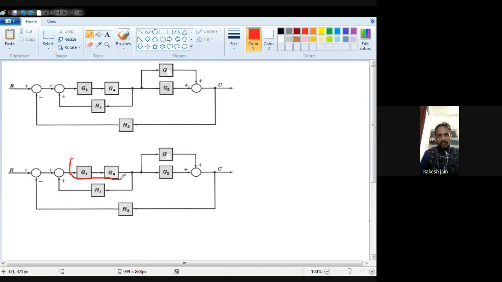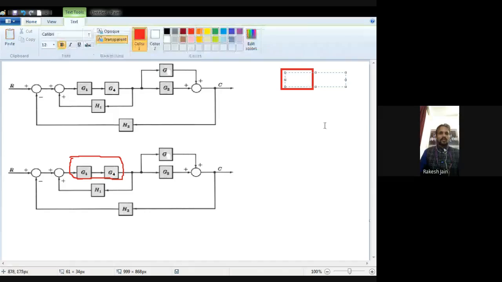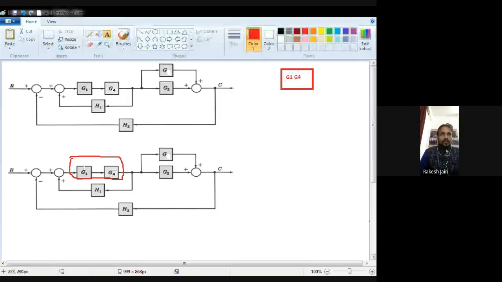Is it clear? This one is a block in which forward gain. First of all, see these two blocks, G1 and G4, both are in cascade. And what was our first rule? If the blocks are in cascade, just multiply them. So what it means? These two blocks will be converted into a single block. I put it on the topmost side so you will understand step by step. If the blocks are in cascade, just multiply the gain of the blocks.